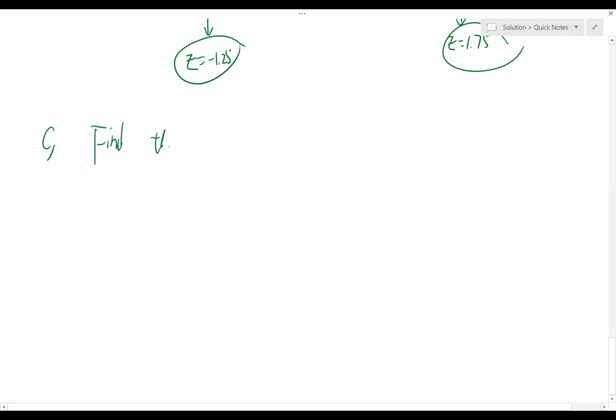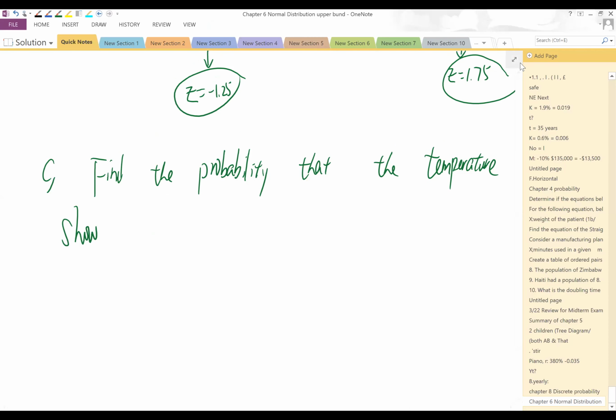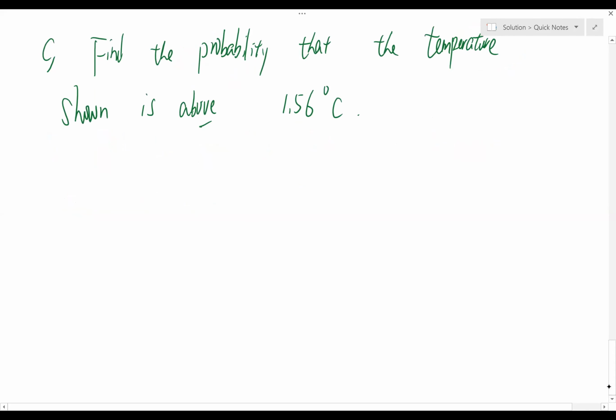Find the probability the temperature shown is above 1.56 Celsius. Okay. Now this is the third case, which is above, indicating it's bigger than 1.56 Celsius.